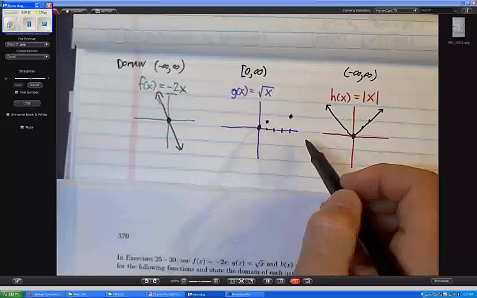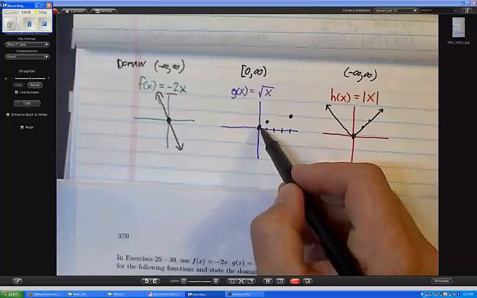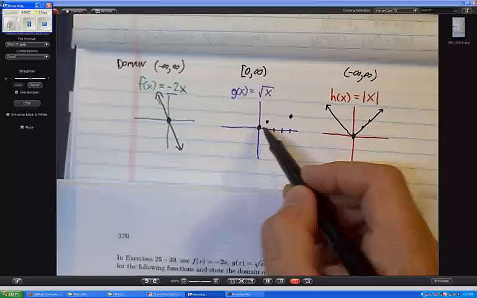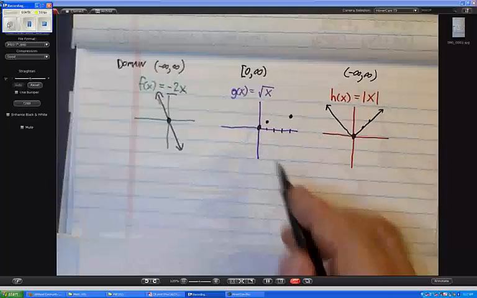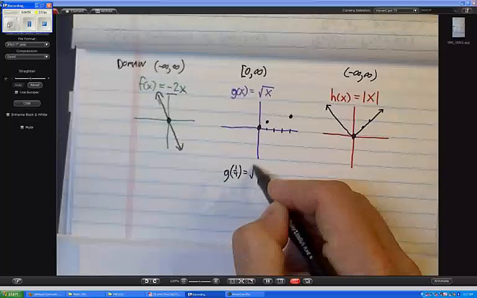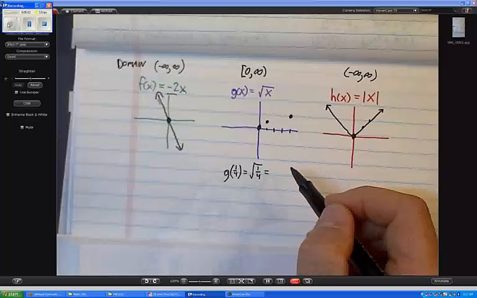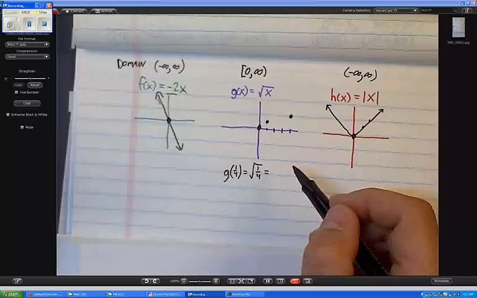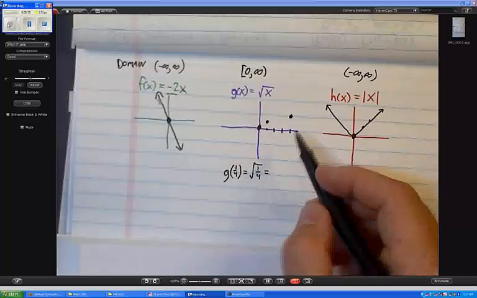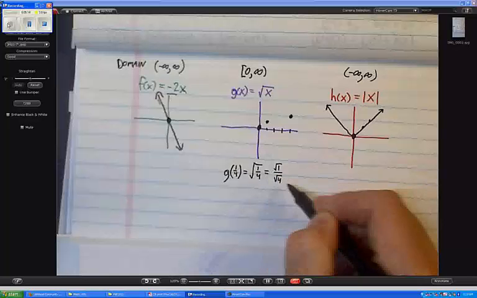Or you might know what happens if you input a quarter. You know what the square root of a fourth is? G of 1/4, I'm going to write that down. That's the square root of 1/4, and it's 1/2. How do people know that? Because a half times a half is a fourth. Or another way you can do this, and I will show you this more later, you can split it up into square root of 1 over square root of 4.